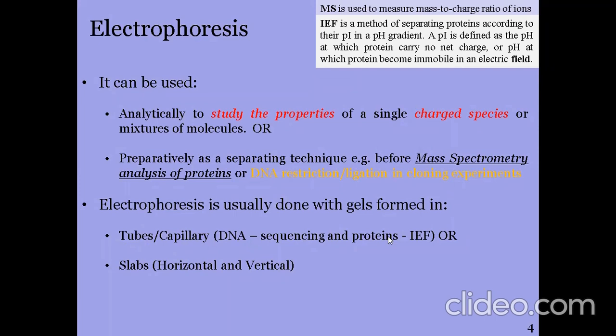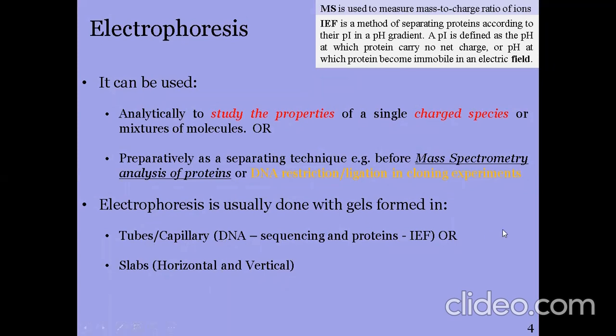Capillaries are tubes, and they are actually based on isoelectric focusing, or we can use electrophoresis in slabs, and the slabs could be horizontal or vertical. So horizontal or vertical slabs can be used. The capillary tubes could also be used for electrophoresis.